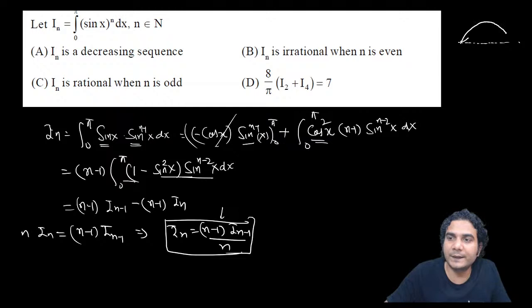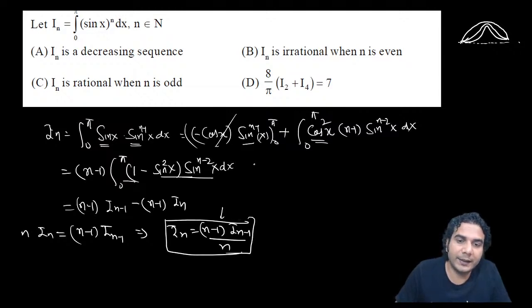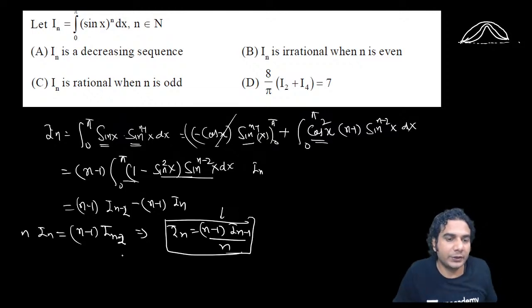This is the graph of sine, this is the graph of sine square, right? And if you keep increasing the power, graph will decrease, come down, right? Because values decrease, so obviously area will decrease. So it's a decreasing sequence, of course, all right? And using this also you can see it. This was I_(n minus 2), I'm sorry, I_(n minus 2), not I_n.